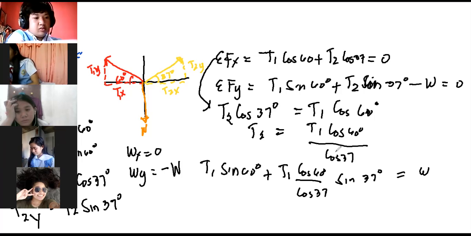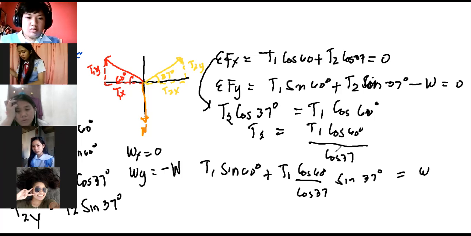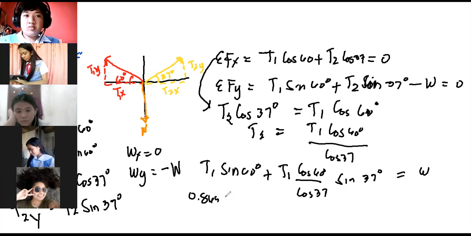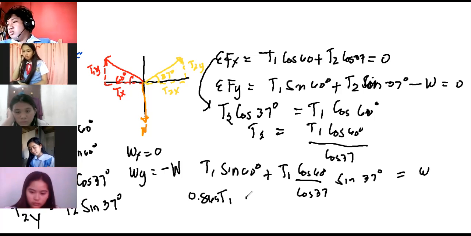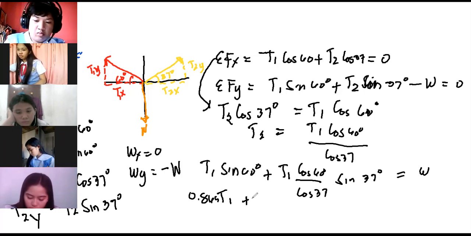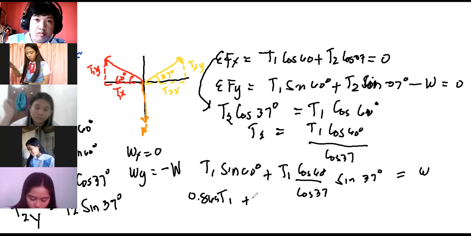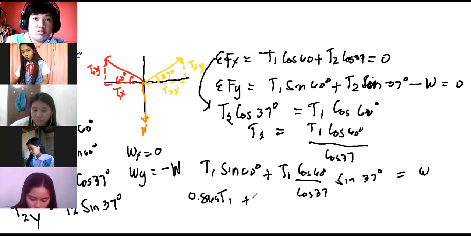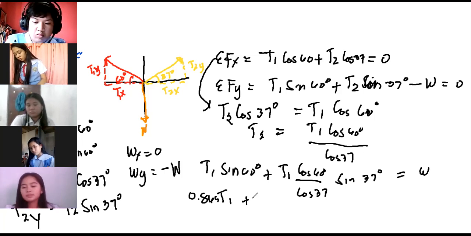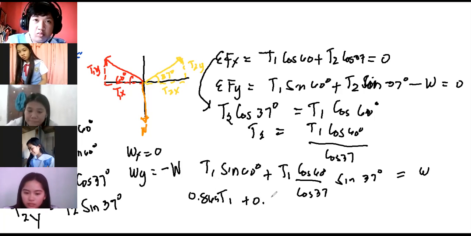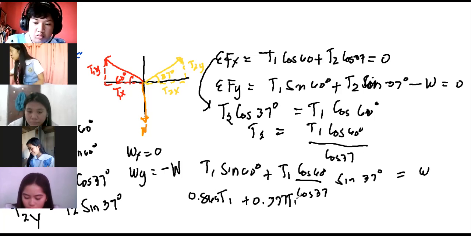So let's have sine 60, and that's 0.866 tension 1, plus cosine 60 divided by cosine 37, multiplied by sine 37, and that is 0.377 tension 1.